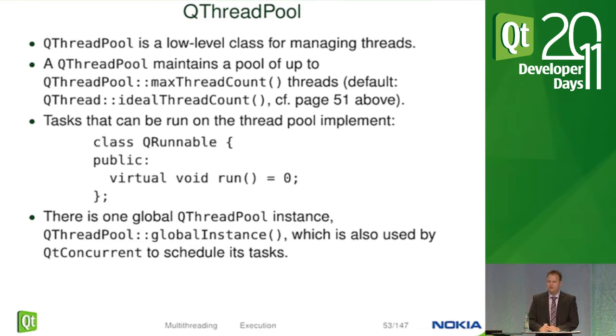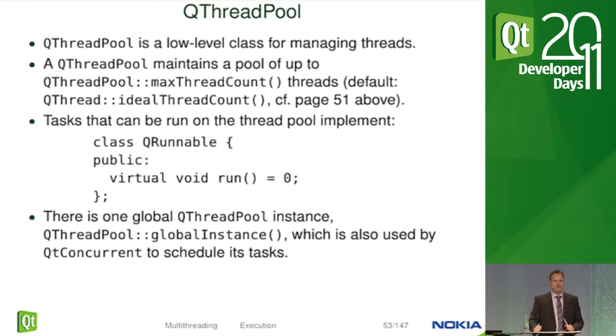This is called a QThreadPool. That's the class that represents the pool of threads. So you just have an instance of a QThreadPool, and you give it work to work on. You do that by implementing this very simple class, a QRunnable. You'll override one virtual method, namely the run method, and that's where the code that's to get executed will be located.